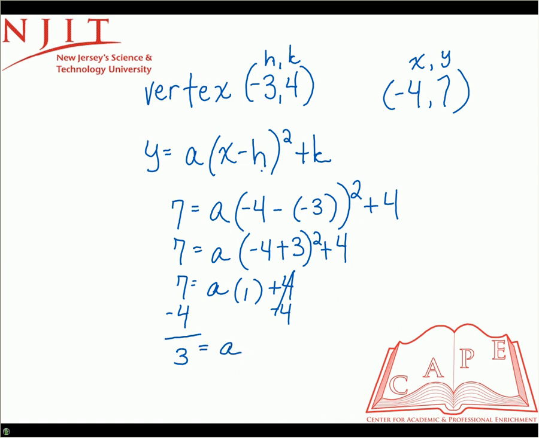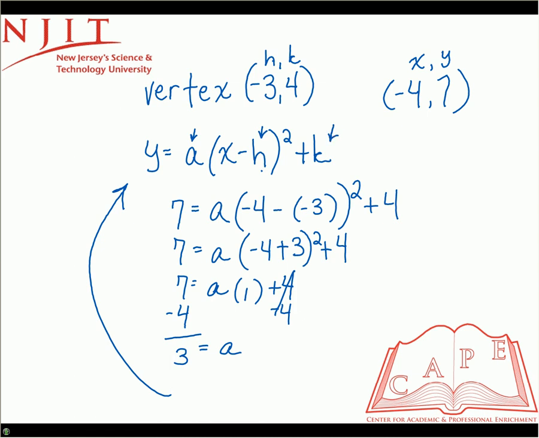So now we're going to go back to our original form with the variables, and to get our final answer we're going to plug in for a, we're going to plug in for h, and we're going to plug in for k.